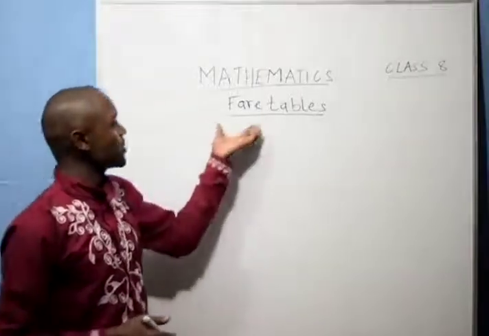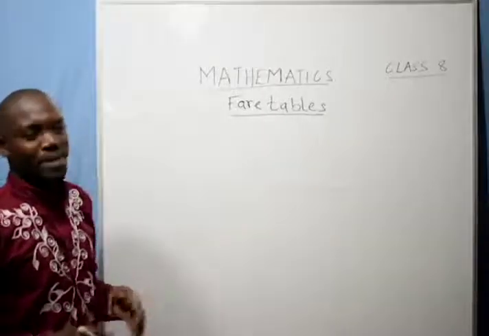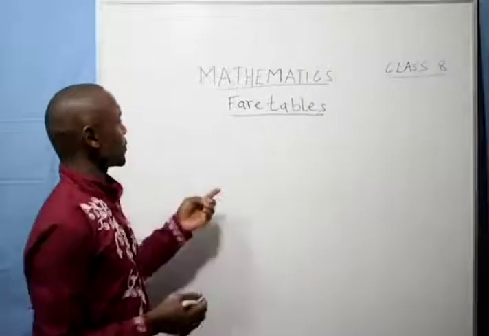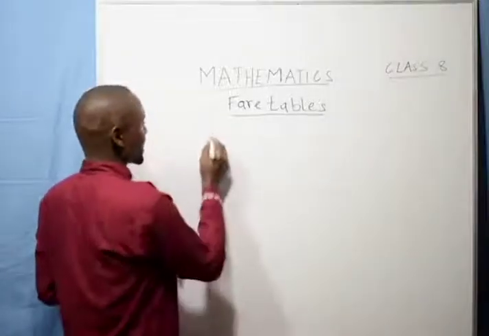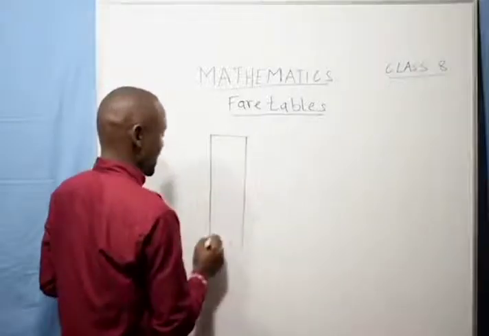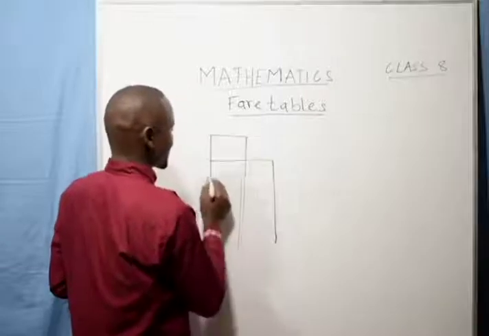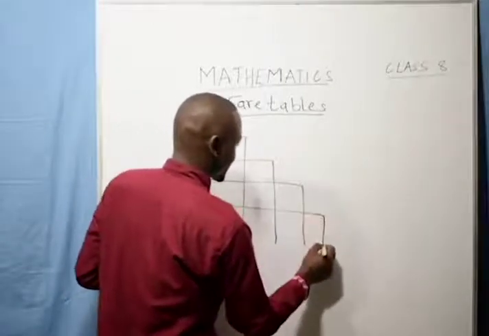For example, you can get a fare table like this one on the board that will show the amount of money that is to be paid between different stations.